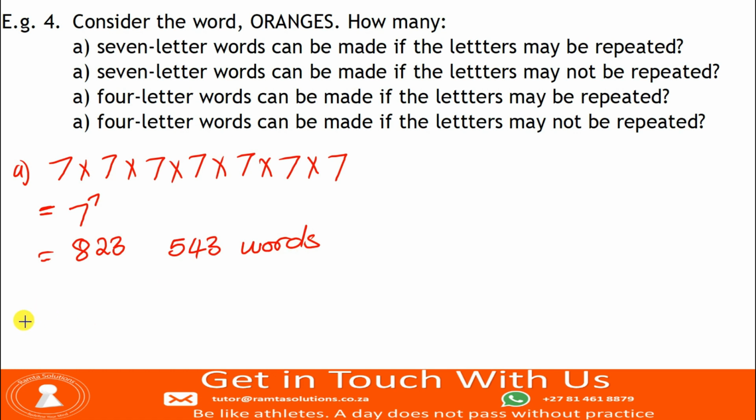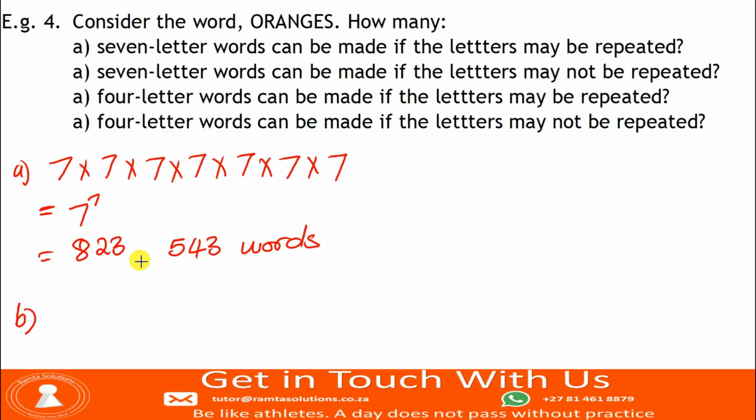All right. Number B, they say 7-letter words that can be made if the letters may not be repeated. This is what exactly we've been doing. I'm going to use 3 methods of solving this. So we have 7. Remember, these ones now may not be repeated.